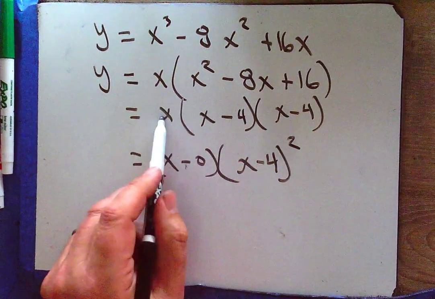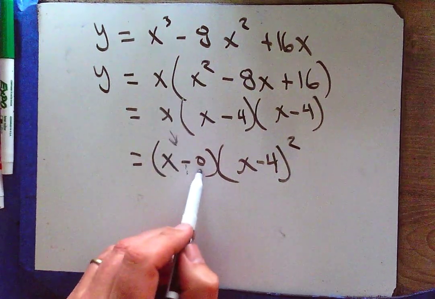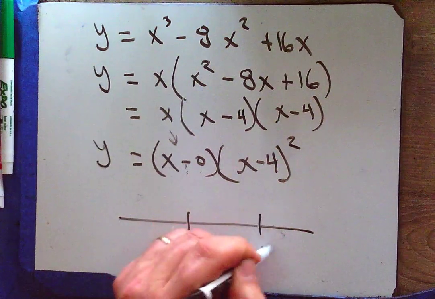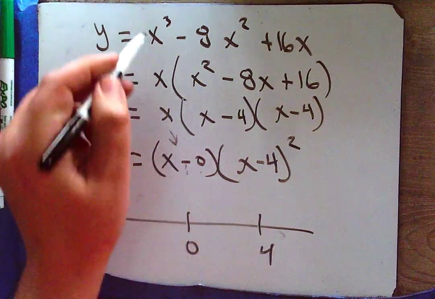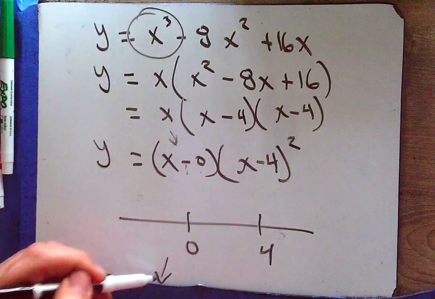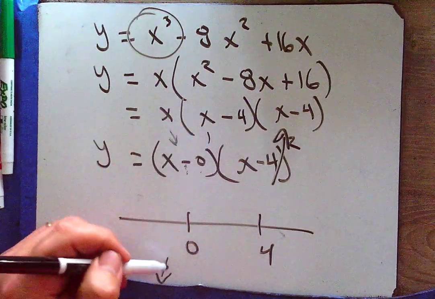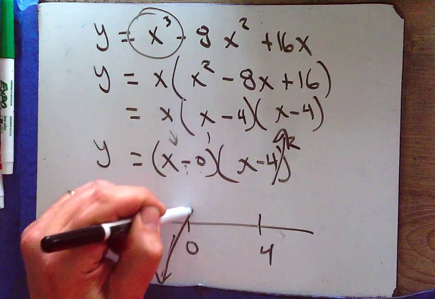And I put this like this to remind you that there's an x-intercept at 0. So we have an x-intercept at 0, another one at 4. This is a positive third degree polynomial, so this end is down and this end is up. At 0, I have a multiplicity of 1, so I'm just going to pass through.